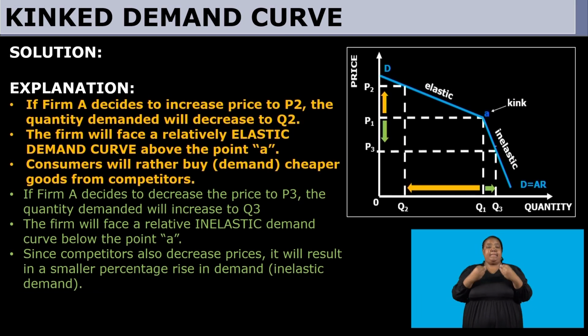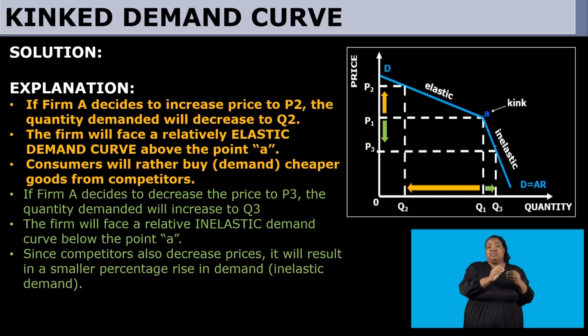Now, let us look at the explanation here. It says if firm A decides to increase price to P2, the quantity demanded will decrease to Q2. The firm will face a relatively elastic demand curve above point A. Consumers will rather buy or demand cheaper goods from competitors.